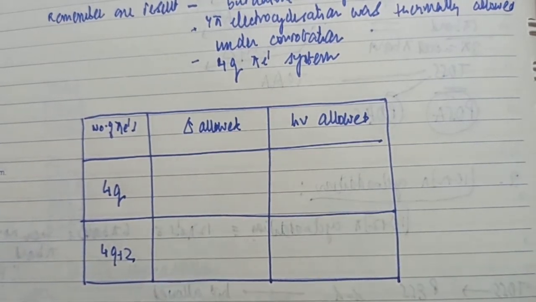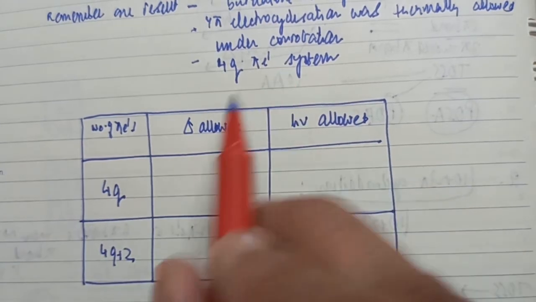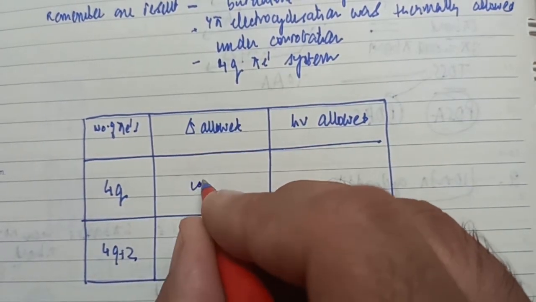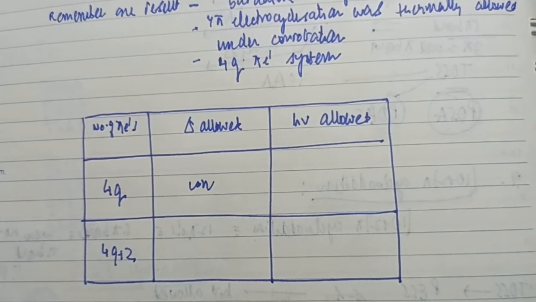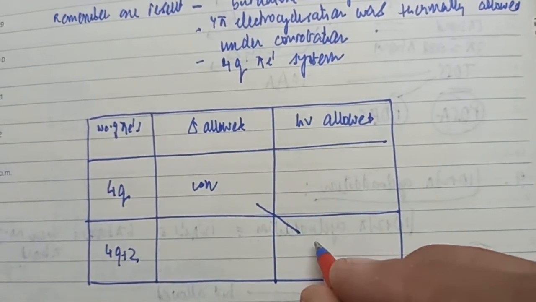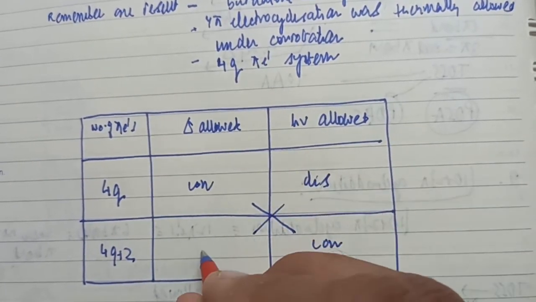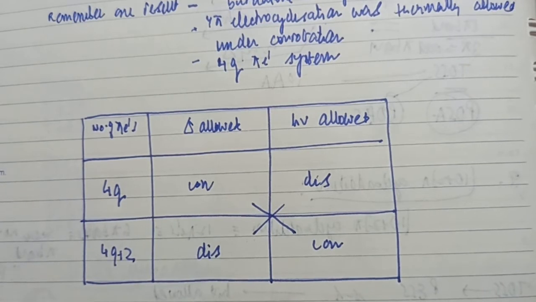Now as I've just told you, we've seen the result that under the 4q system in this particular example, the thermally allowed reaction was conrotatory. And how do we create the selection table? If this is conrotatory, diagonal it will be the same, this will be conrotatory, and adjacent it will be different, so this will be disrotatory. Remember, this is how we create the selection table.